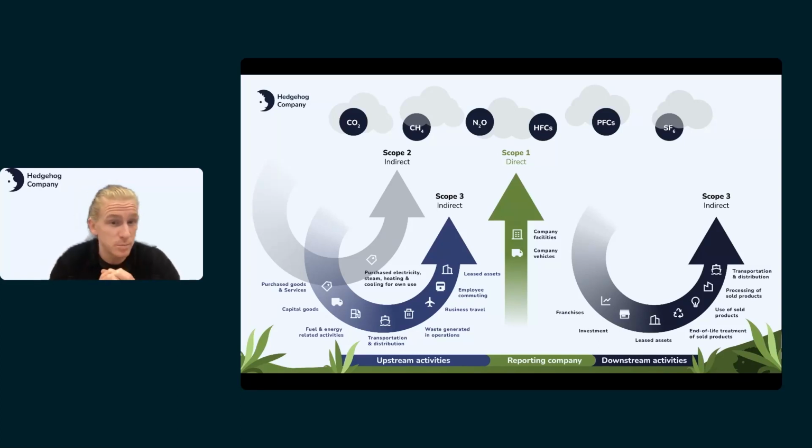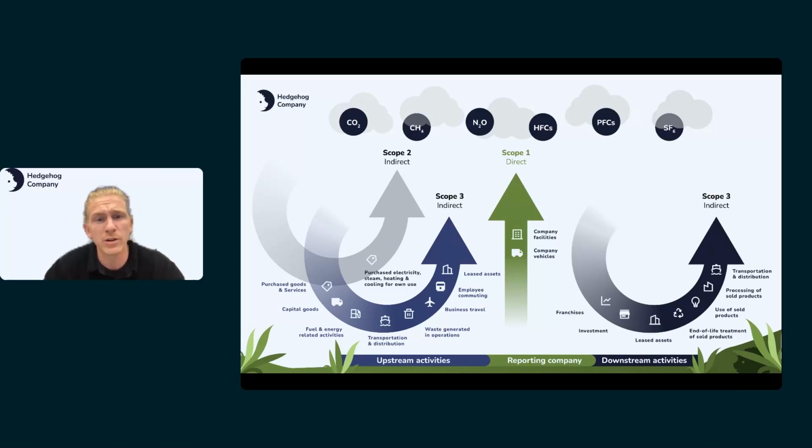At the left blue arrow all the way on the left, you see purchased goods and services. So everything that your company is procuring, from food in the canteen to the materials that you use in production, are under that emission category, and are, for many organizations, especially manufacturers or producers, a very large emission source.